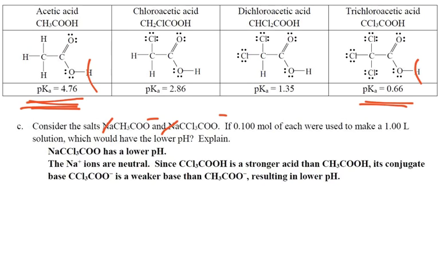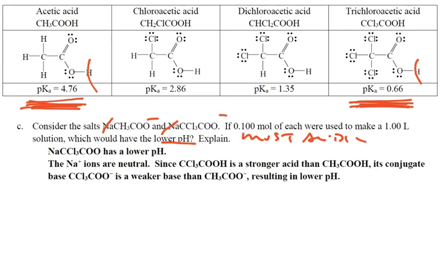If we had 0.1 mole of each to make a 1 liter solution, which would have the lower pH? Lower pH means the most acidic or the least basic of each of these. So this guy is the stronger acid, so it should be a weaker conjugate base.